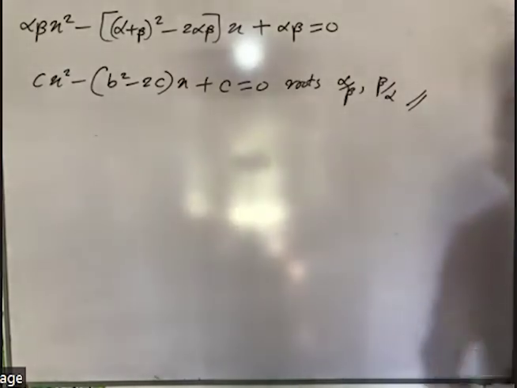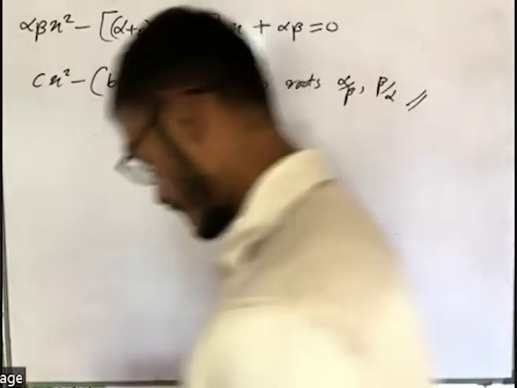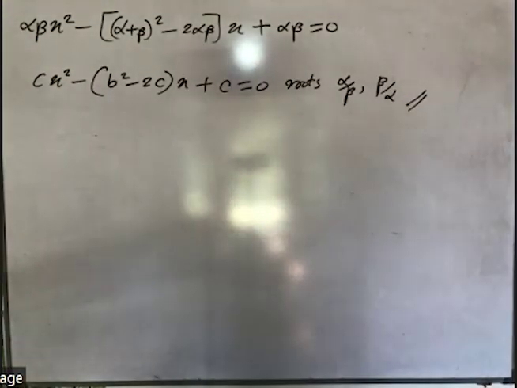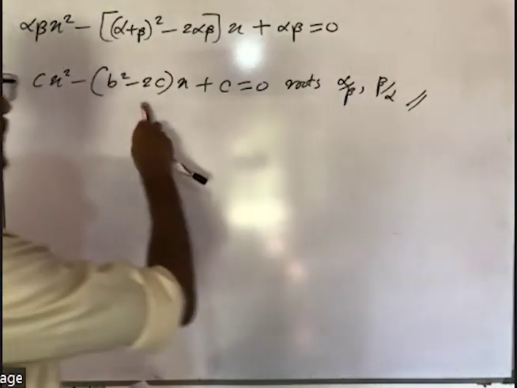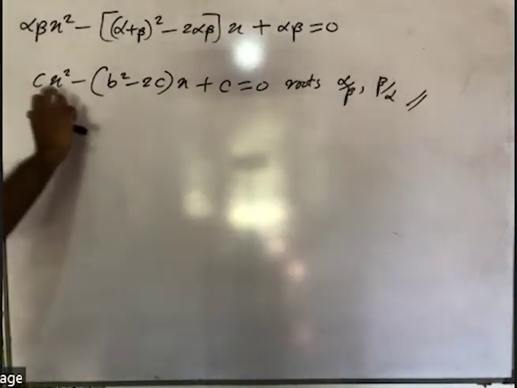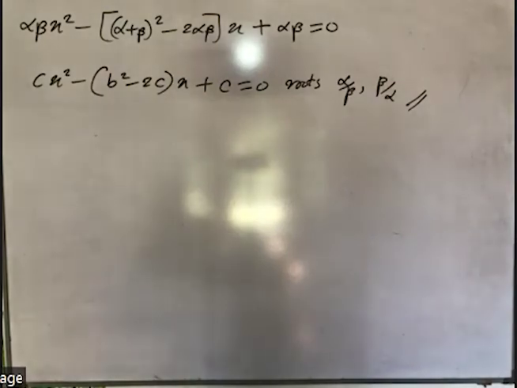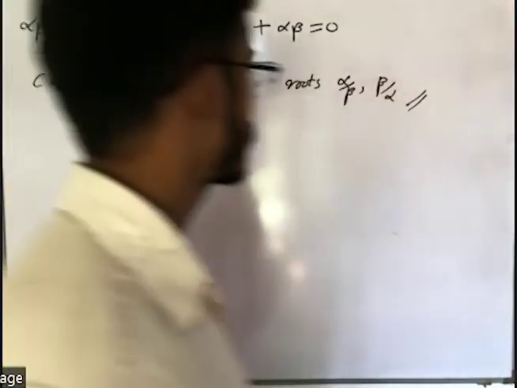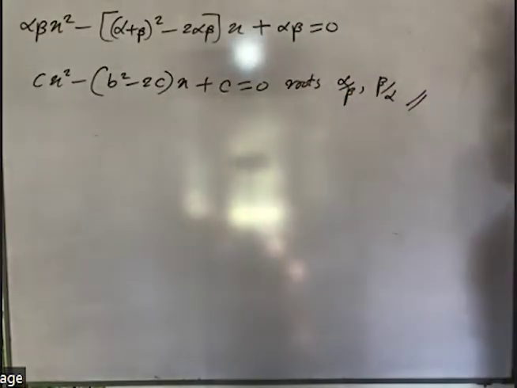So in the second part, they are asking to derive the quadratic equation with roots alpha over beta minus 1, comma beta over alpha minus 1, right, from this equation. So you have to use this equation to derive the second part. Right. So here roots are alpha over beta, comma beta over alpha.